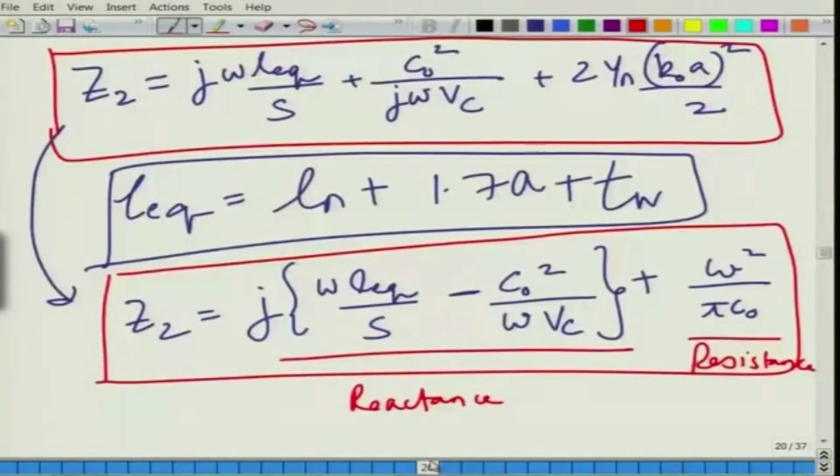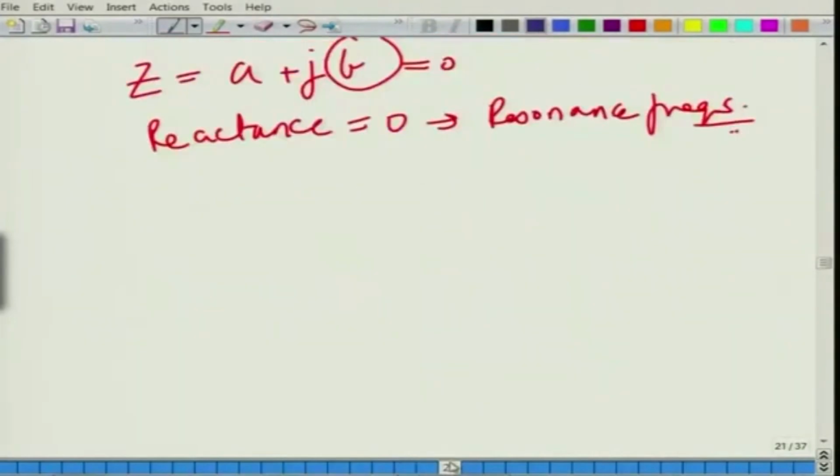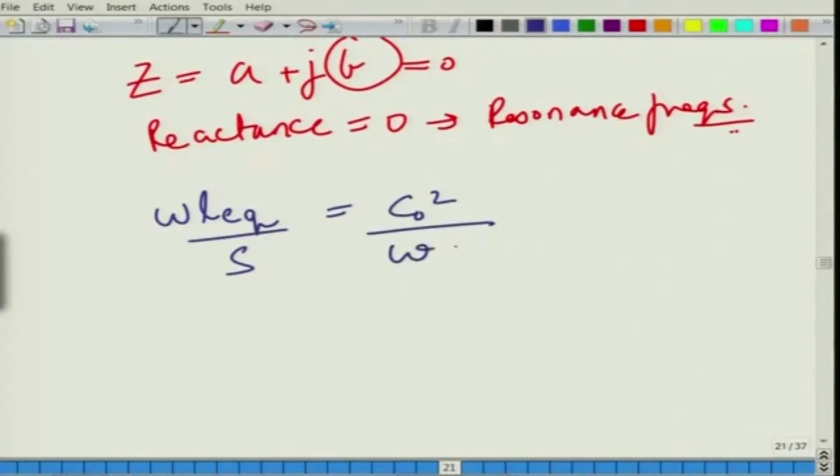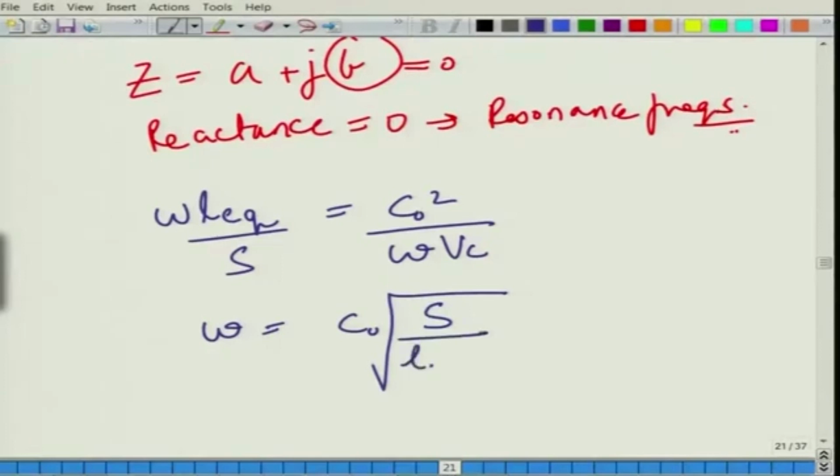So, what about this case? Well, it turns out that omega L equivalent by S is equal to c0 squared by omega V c. So, omega then becomes c0 times square root of S, which is the cross sectional area, divided by L equivalent times the volume of the cavity.